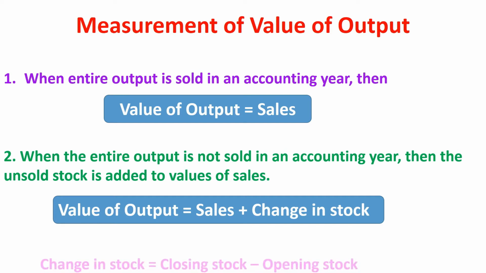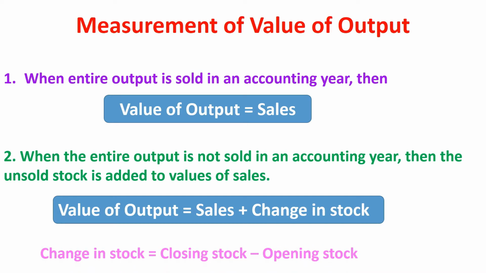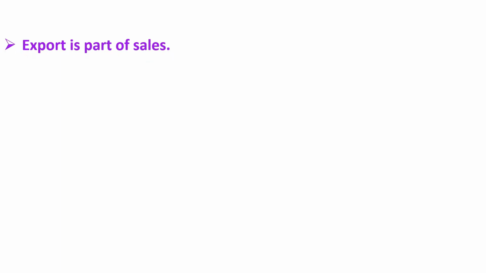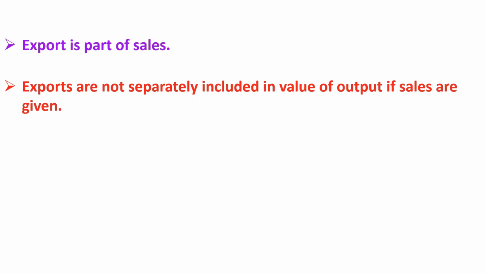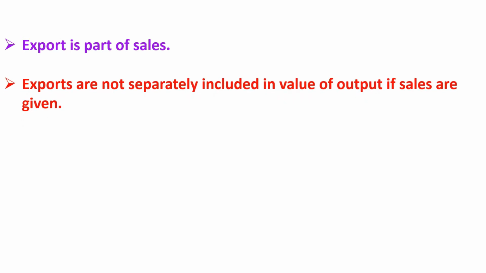Change in stock is equal to closing stock minus opening stock. Export is part of sales as they are sold in foreign market. Exports are not separately included in value of output if sales are given, because sales include both domestic sales and exports.